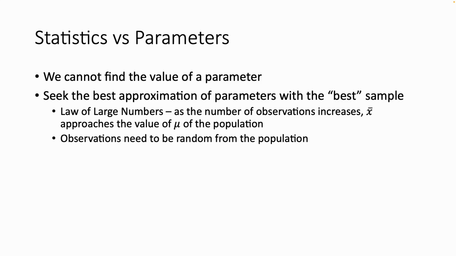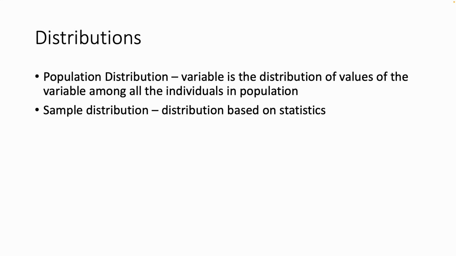So that's a couple big things. When we say that word best there, we're talking about the sample being large, and I should put that word large in quotes, and the observations that we're collecting are random from the population, as opposed to strategically picking them. And that's going to help us to make this a good estimator.